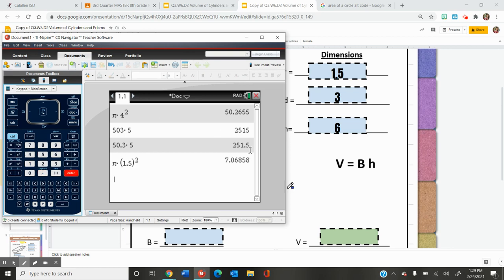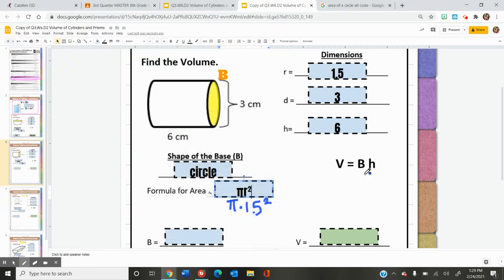Now, when I do that, I get 7.06858. Now, remember, you can just round it to the tenths place. So here, my hundredths place is a 6, so this will round this up to 7.1. So here, the area of my base is going to be 7.1 centimeters squared. So for big B, I'm going to just put 7.1.